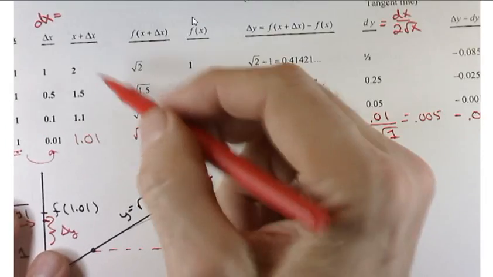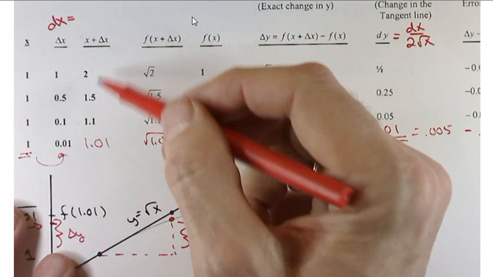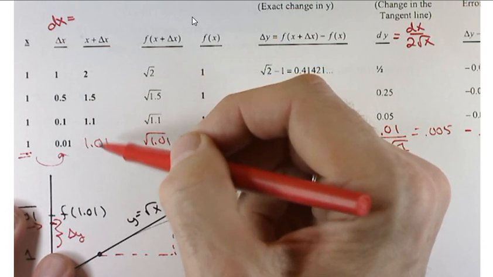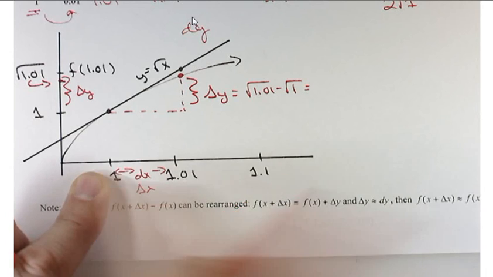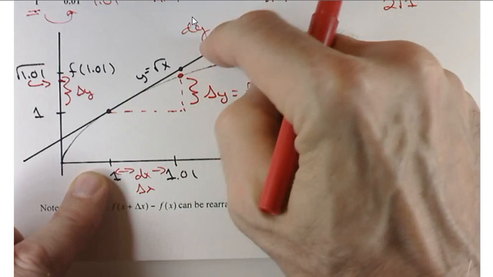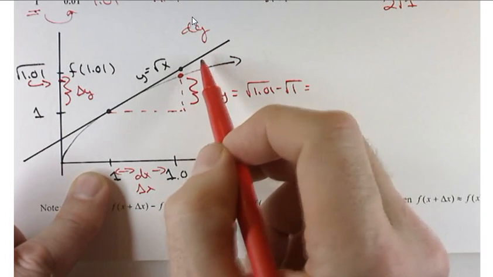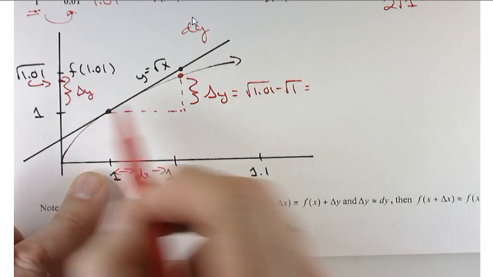And you can see that as these values go from 2 to 1.5 to 1.1 to 1.01, as you get closer to this point, the tangent line is going to be a better and better approximation to this point.